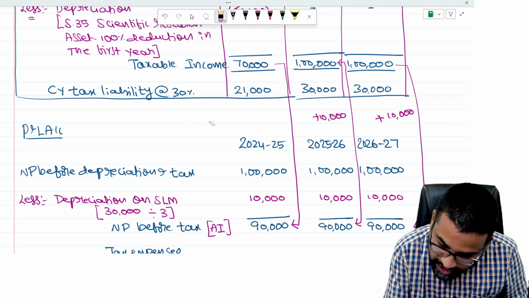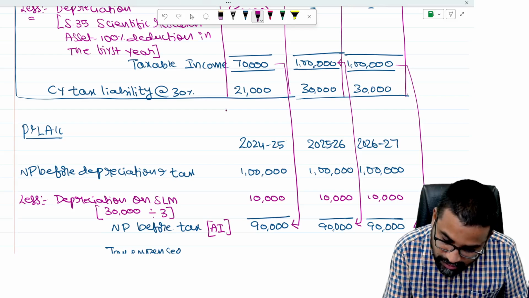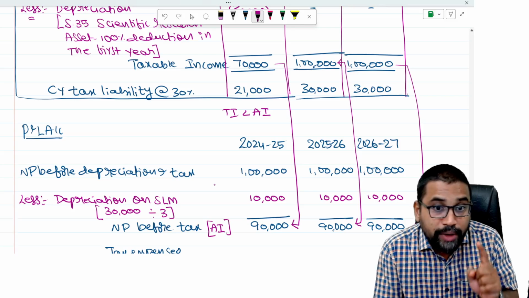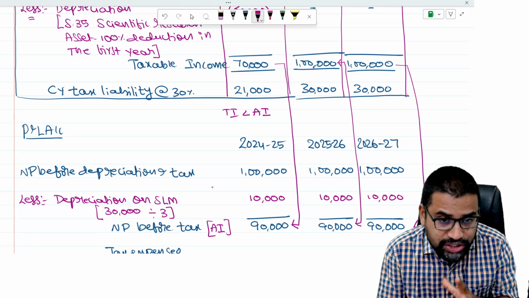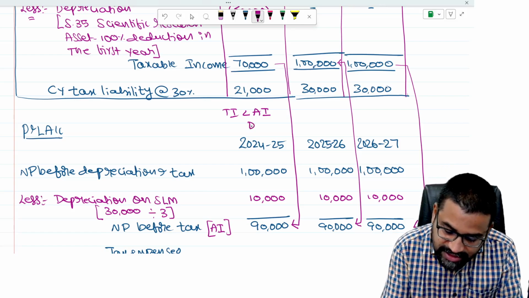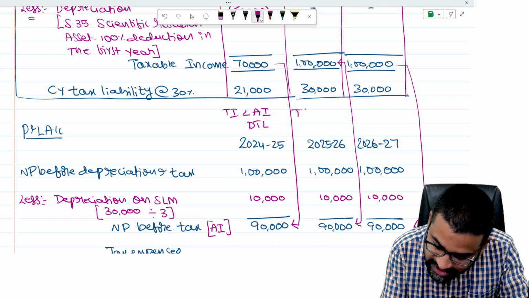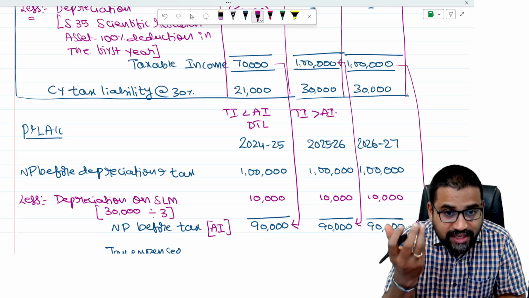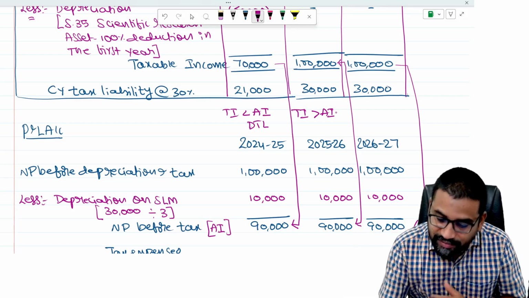First year what happened is, your taxable income is less than accounting income. See, the moment you see your taxable income is less than accounting income in the origination year, you say deferred tax liability. Next year if you see your taxable income is greater than accounting income, that means first year whatever the difference, out of that 10,000 reverses.